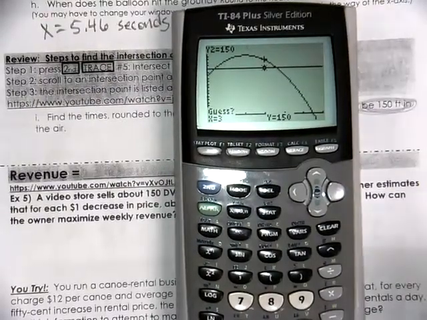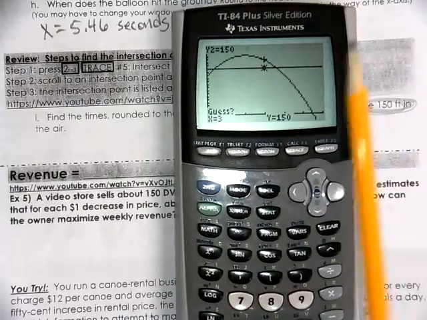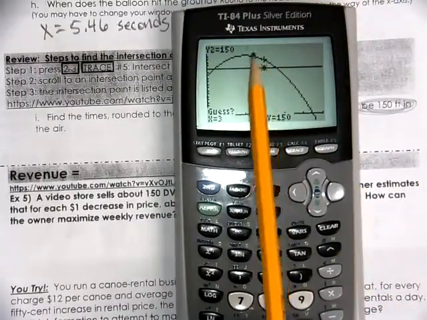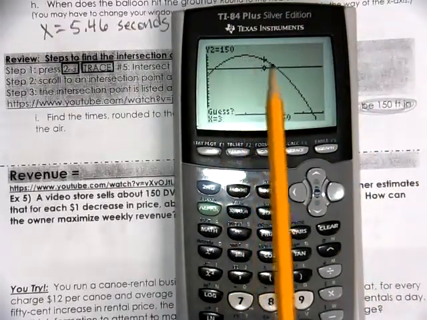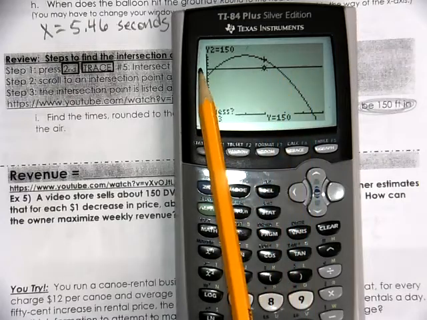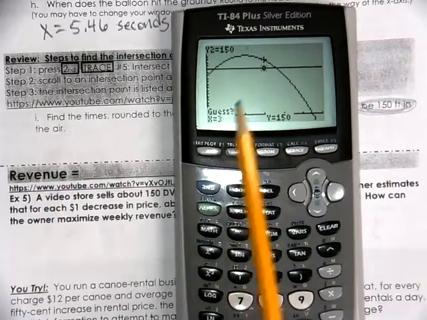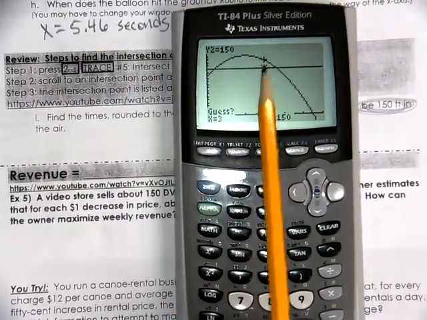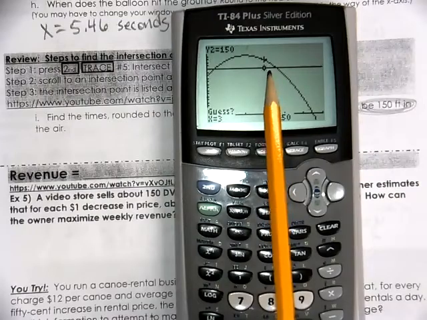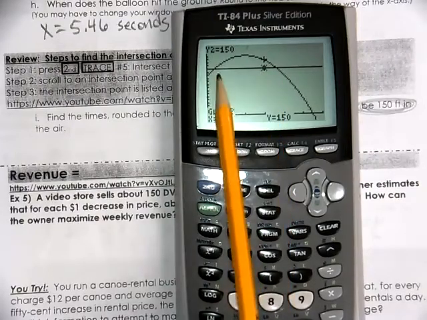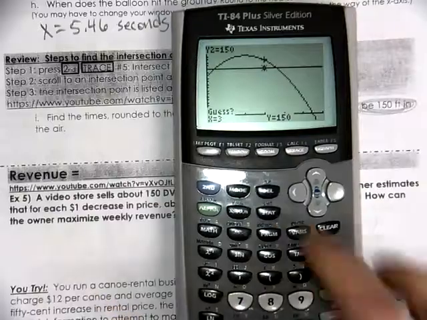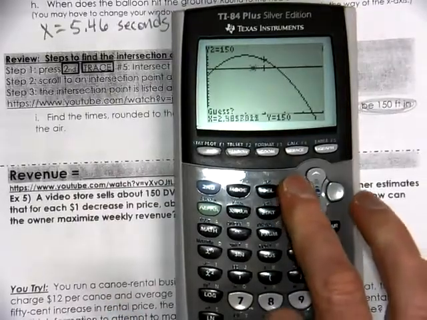Well, is guess necessary? Wait a minute. These 2 graphs cross at 2 different spots, so guess is very important. Guess is going to give you an answer that the cursor is closest to. So if you want this answer over here, you put the cursor over to it.